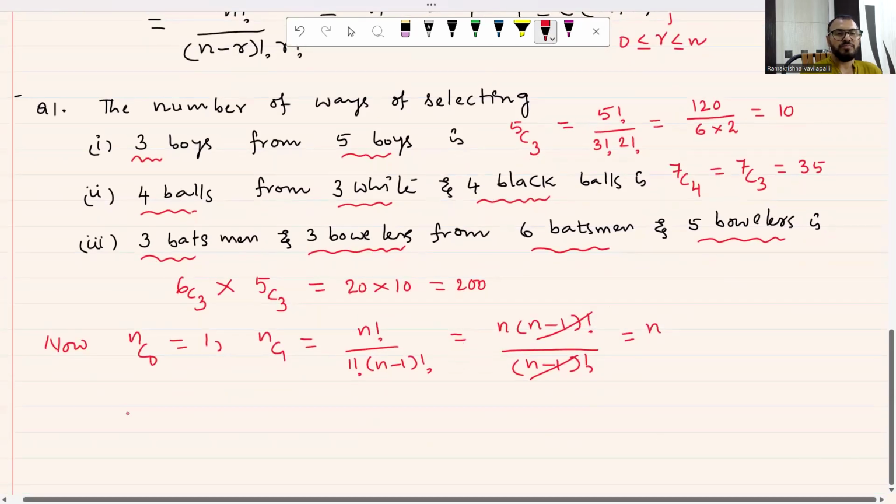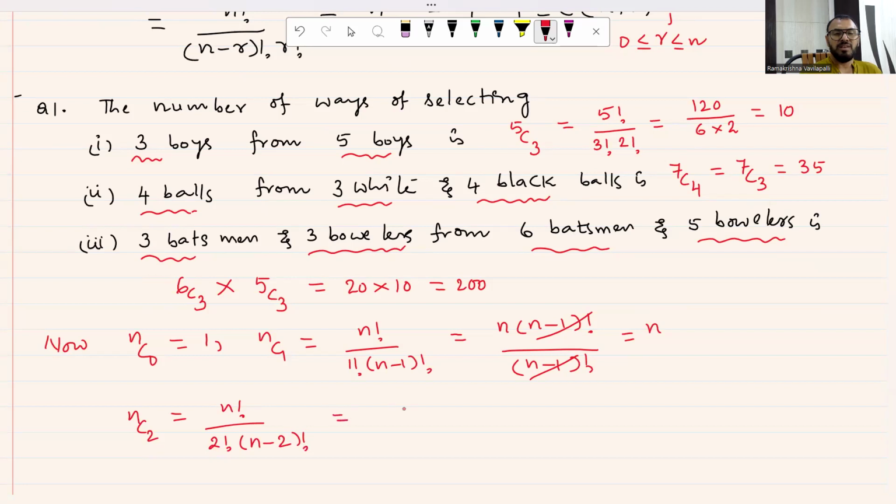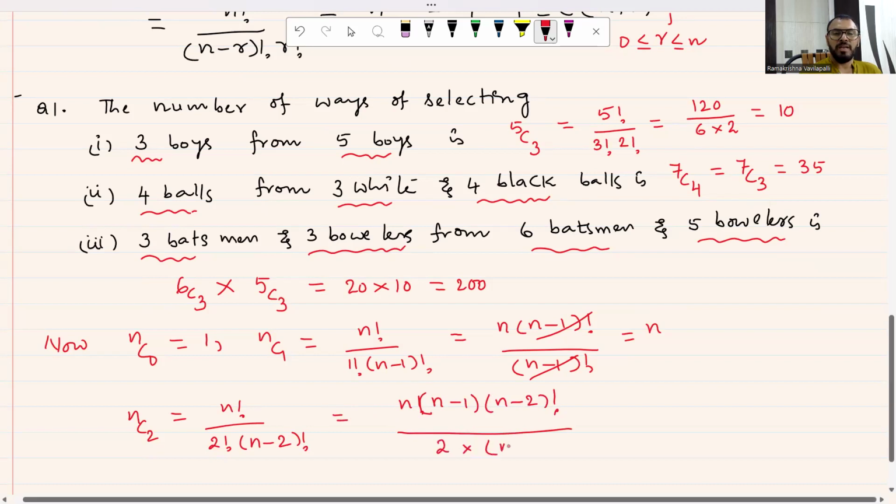What is nC2? nC2 equals n factorial by 2 factorial into n minus 2 factorial. This is equal to n into, I can write, n minus 1. Next one is n minus 2. So instead of going after n minus 2, put factorial. By 2 factorial is nothing but 2 into n minus 2 factorial. Now cancel that n minus 2 factorial.